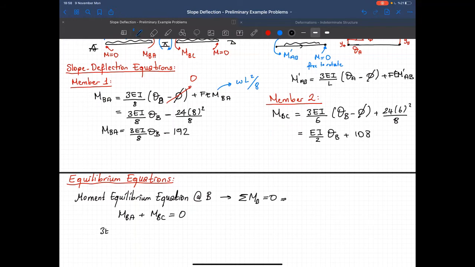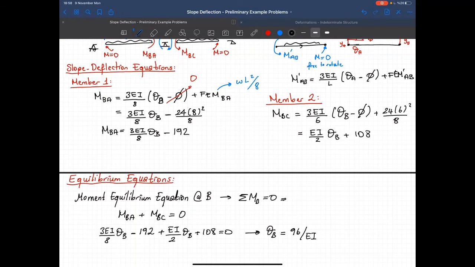So 3EI over 8 theta B minus 192 plus EI over 2 theta B plus 108 equal to 0, and this equation gives me that theta B is equal to 96 divided by EI.